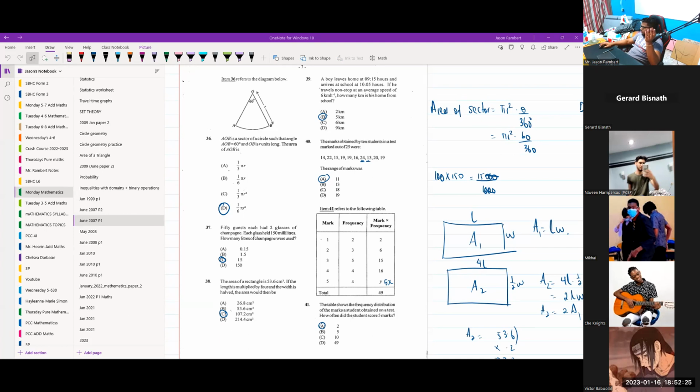So I have 2020, 2021, 2022 Add Maths paper ones, from the live classes.